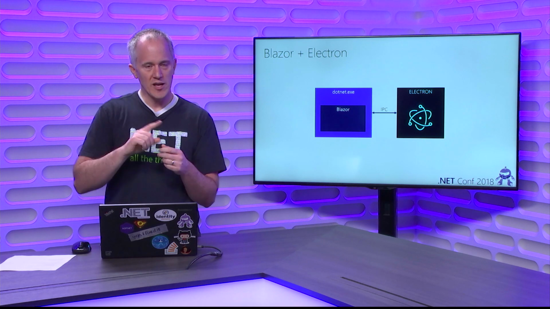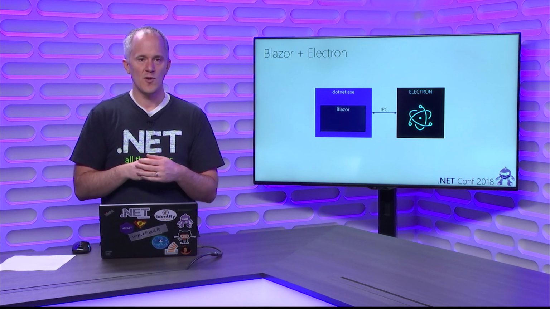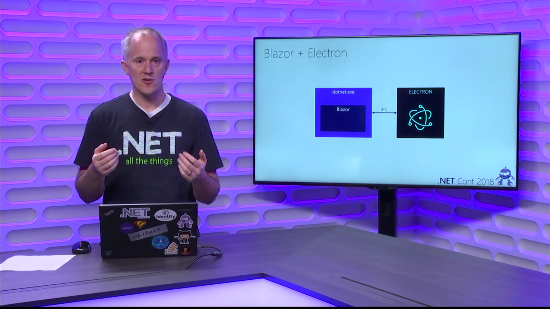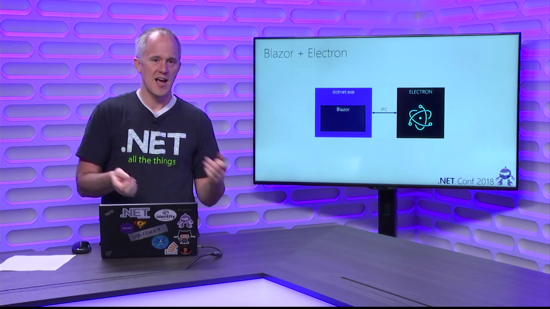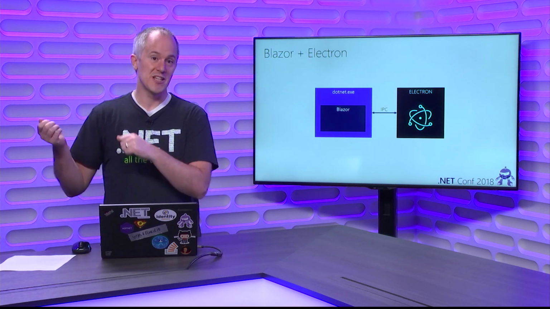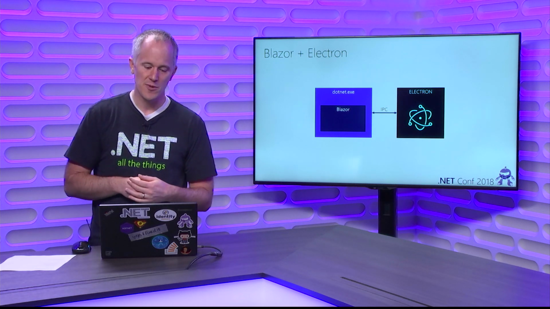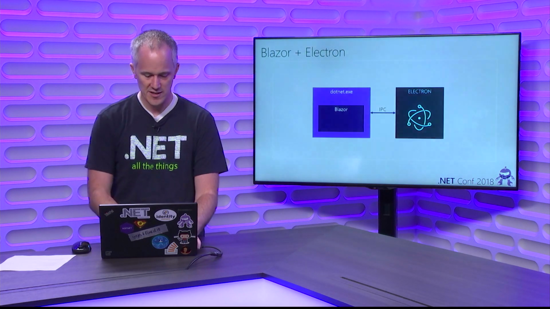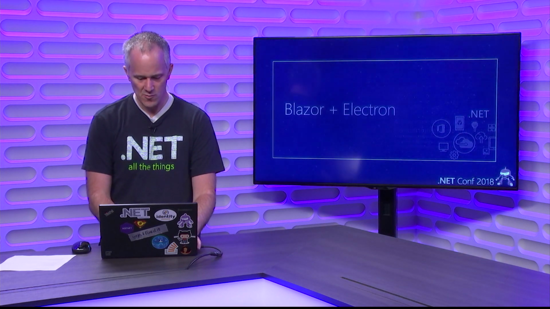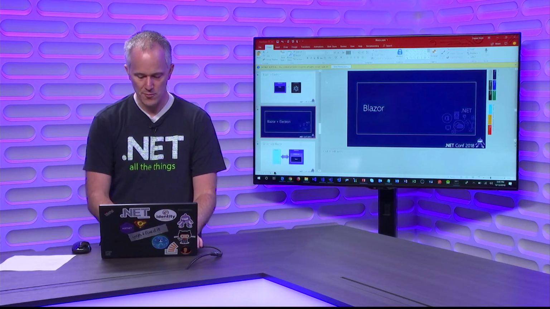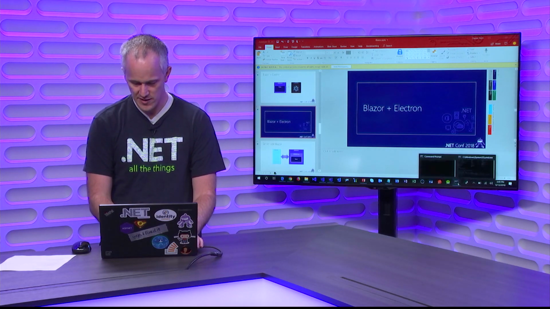And then we communicate with Electron over an IPC channel so that we can handle the UI events from the browser and then push back the DOM diffs to update the DOM in the browser. So let's take a quick look at what that looks like. This is just a prototype proof of concept, but it's fun to play with.